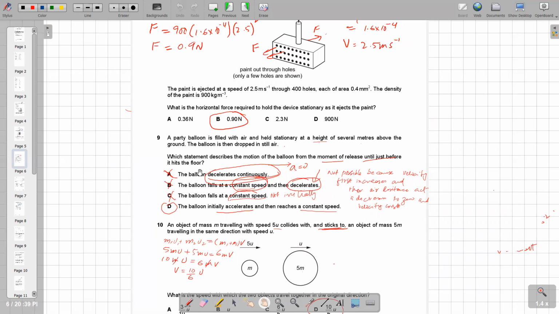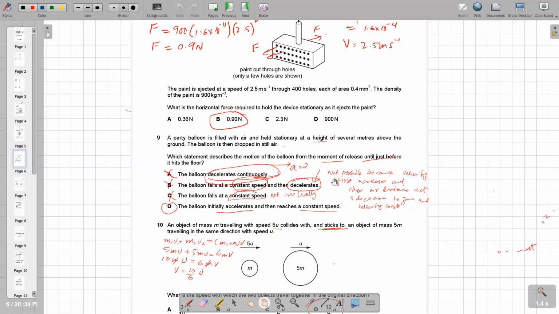So first it accelerates, and then it reaches terminal velocity, and then with the same speed it hits the ground. Option A, the balloon decelerates continuously, is incorrect. Option B, the balloon falls at a constant speed and then decelerates?